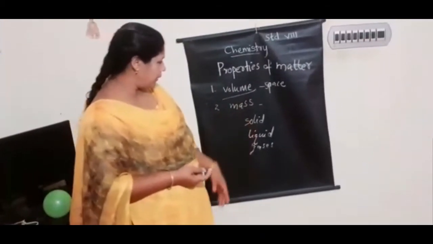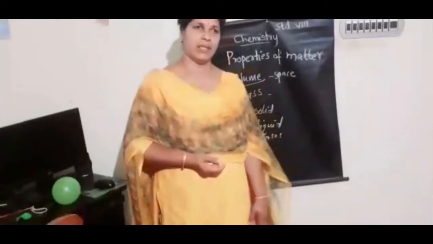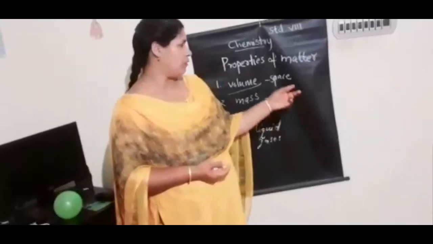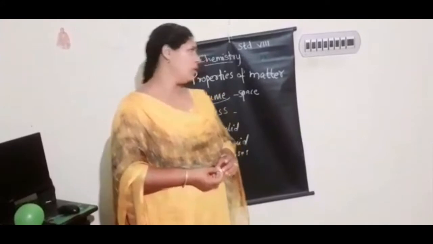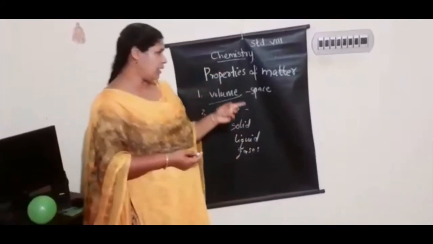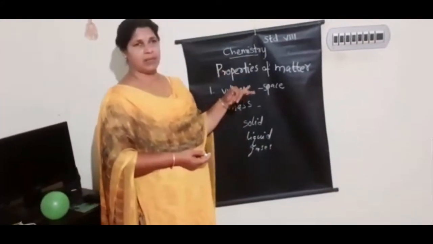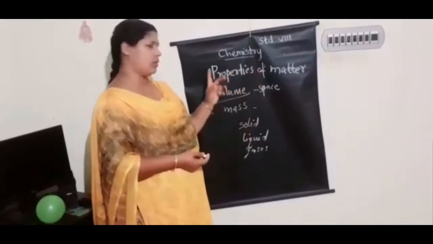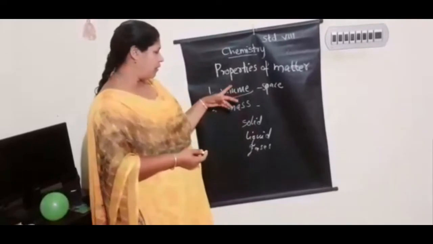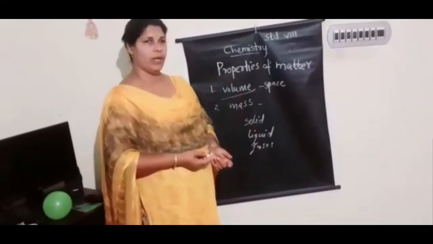So in your textbook there is a table. You have to work out this table. So far we can see that in this chapter we are discussing properties of matter. The first property we have discussed is volume.